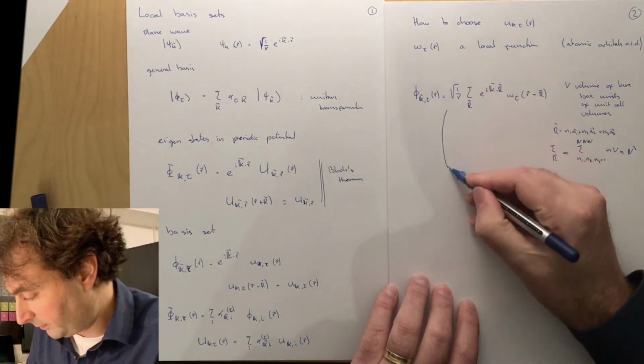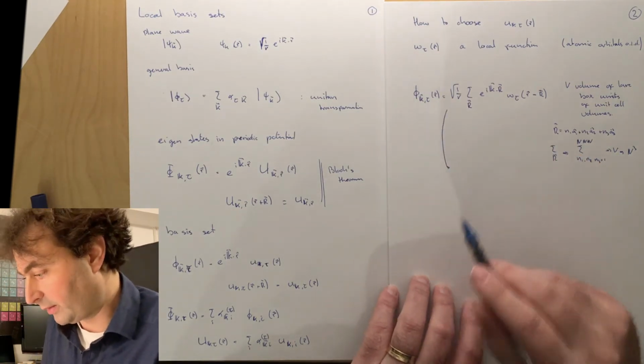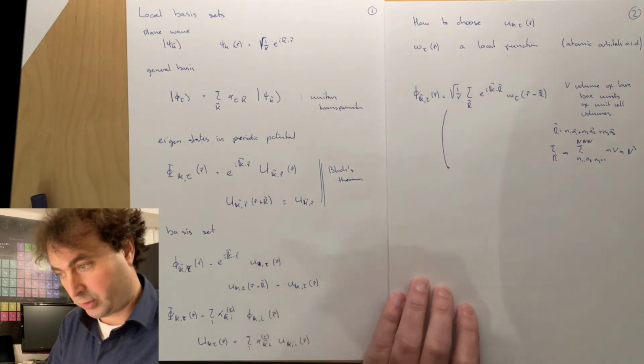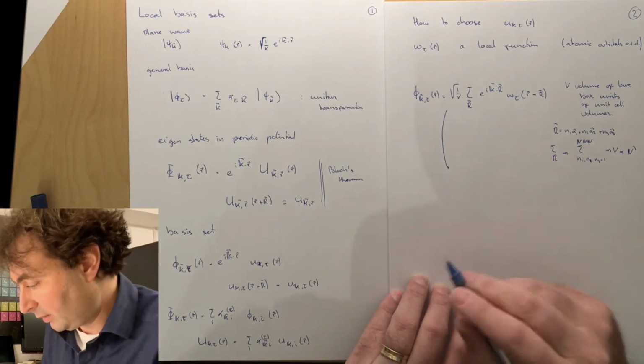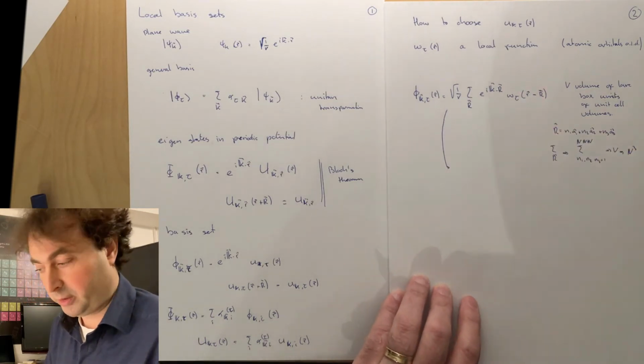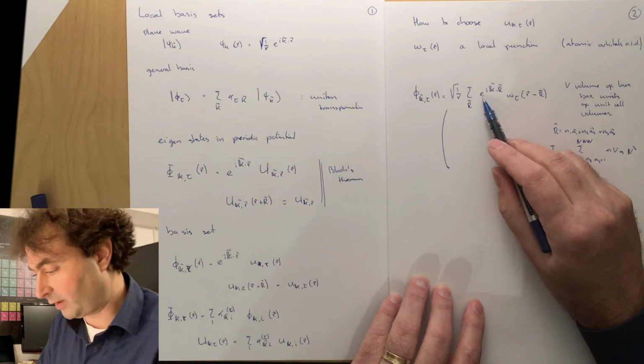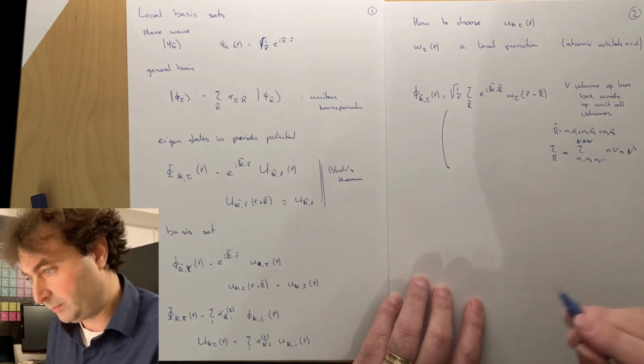So if we now look at this function, let me show you that this indeed is a function of Bloch form. So that this is a function that is periodic in the lattice vector times an e to the i k dot r.